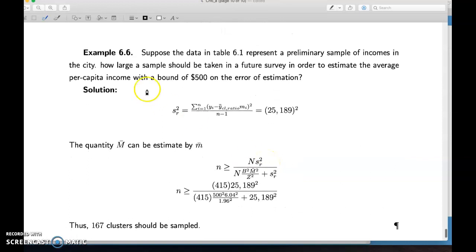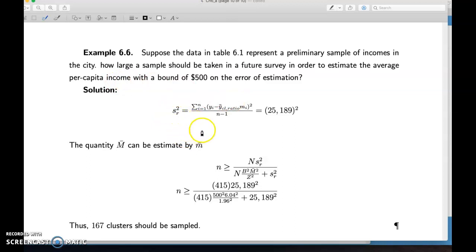The last example is 6.8. Suppose the data in the table represent a preliminary sample of incomes in the city. How large a sample should be taken in order to estimate the average per capita income with a bound of $500? So now we are given the ratio estimation with the bound of error per capita. We can use the data from the previous example.